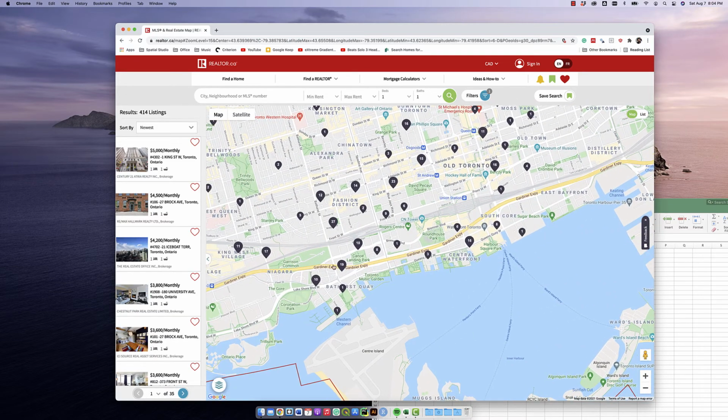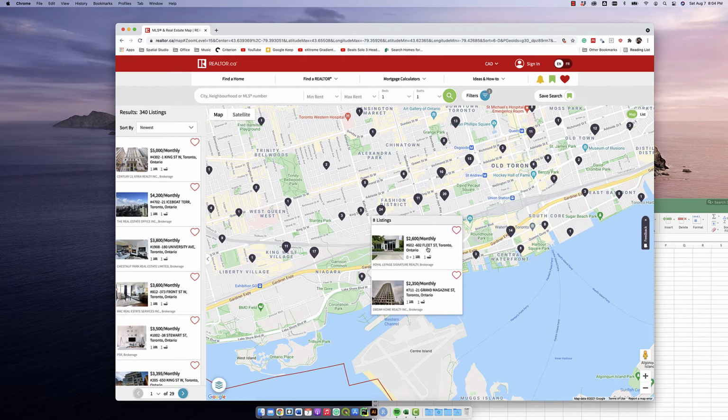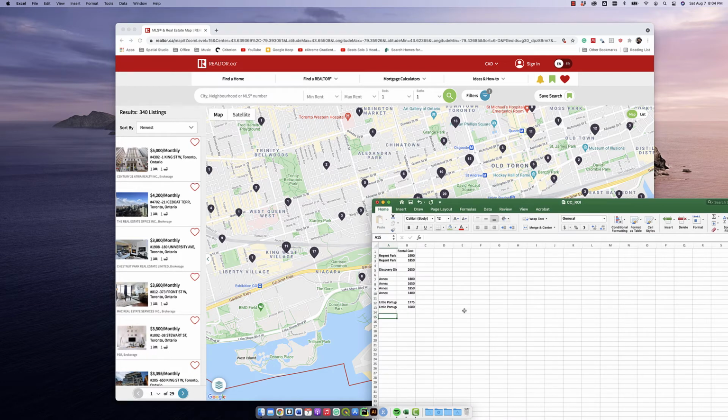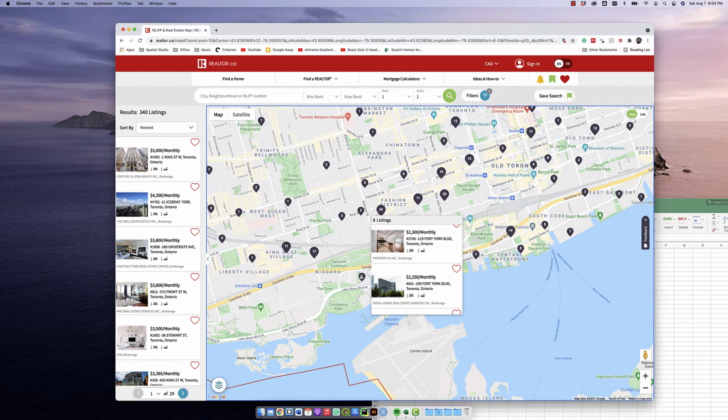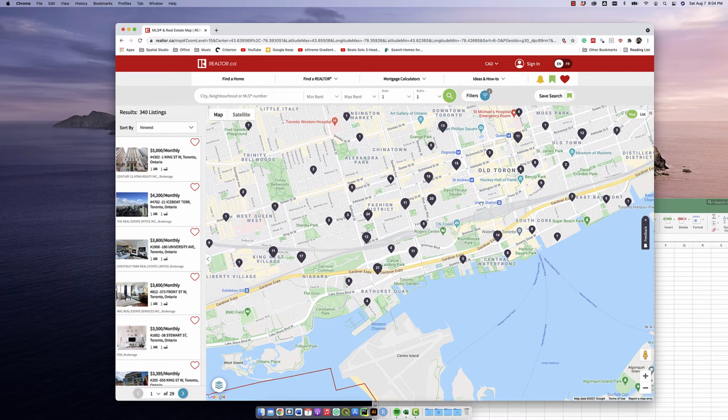So let's do it here, Bathurst Quay, for instance. So 2,600, 2,350, 2,250. So Quay, 2,350, 2,600, and all right, should be fine.